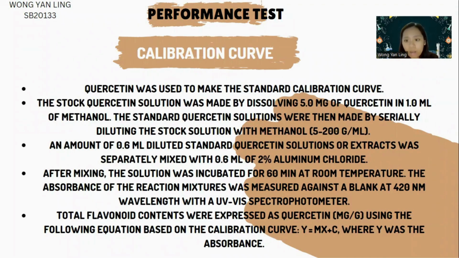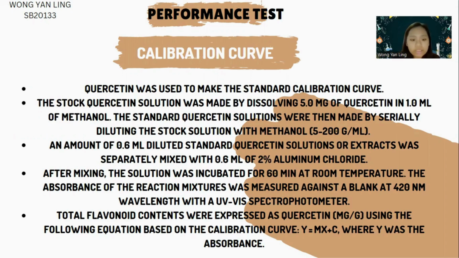So 5 mg of quercetin will be dissolved in 1 ml of methanol. The standard quercetin solution will then be made by serial dilution. 0.6 ml of diluted standard quercetin will be separately mixed with 0.6 ml of 2% aluminium chloride.